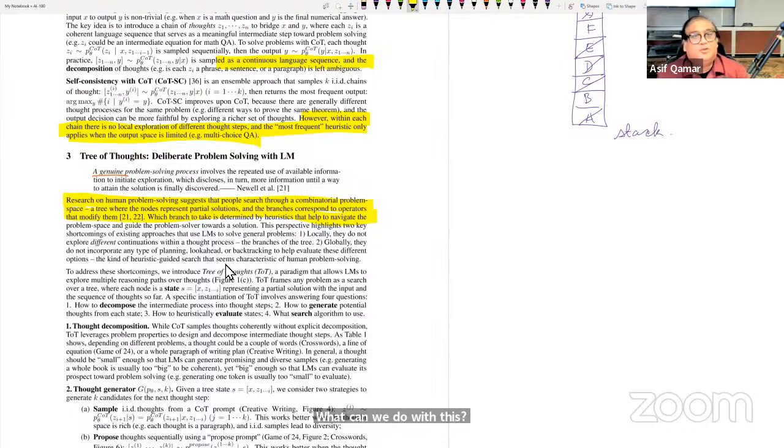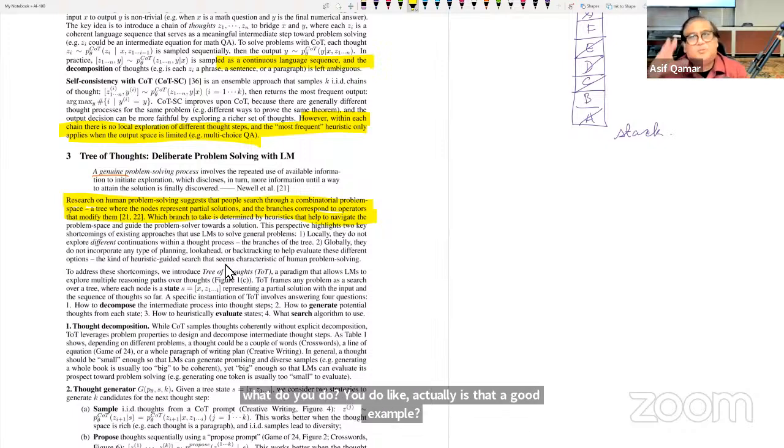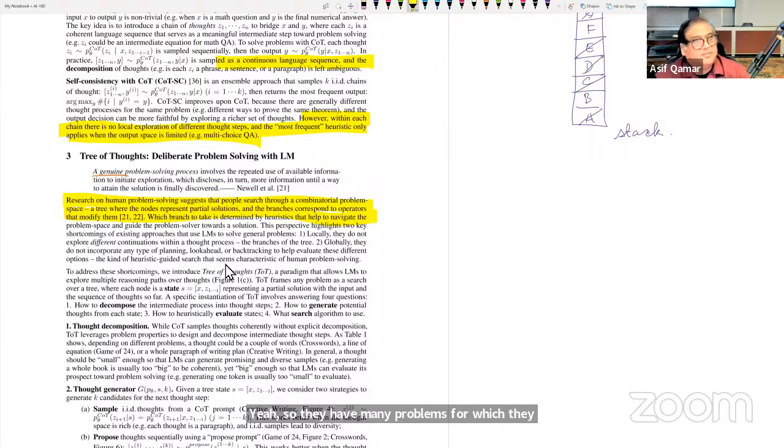So I can give you an example. Say we have to work out some fluid dynamics equation. There are many problems for which there are not many good solutions, so you will come up with many hypotheses.